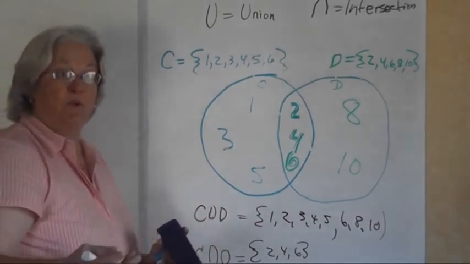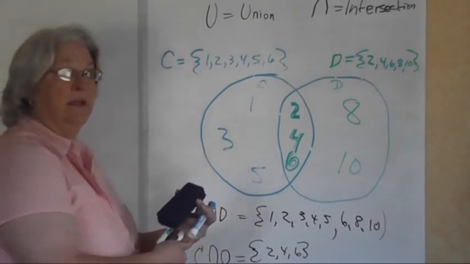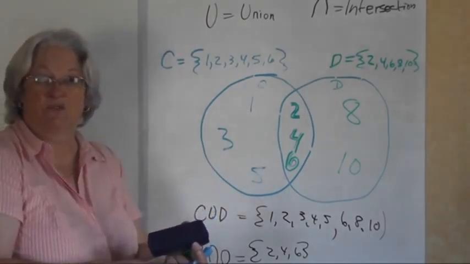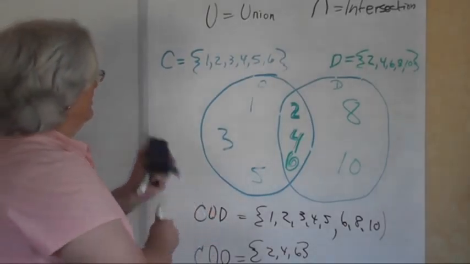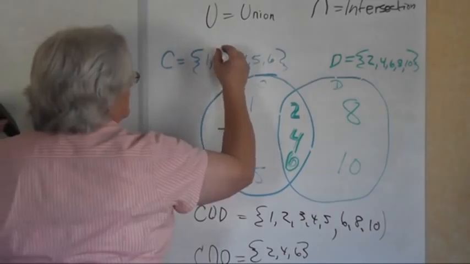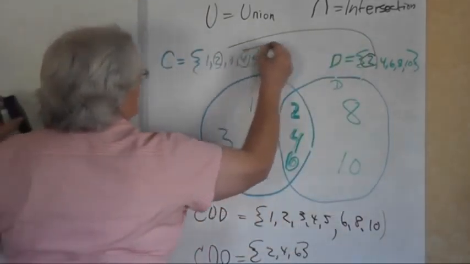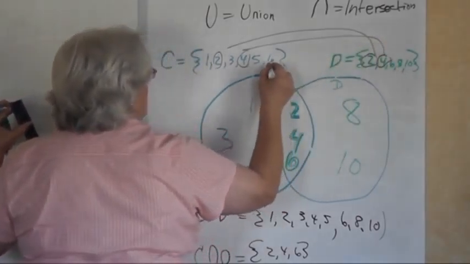So we're looking for the elements that occur in both of these sets. It's sort of like finding greatest common factor, least common multiple. We have a 2, and we have a 4, and we have a 6.